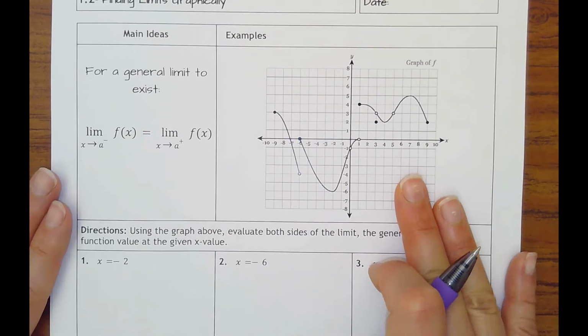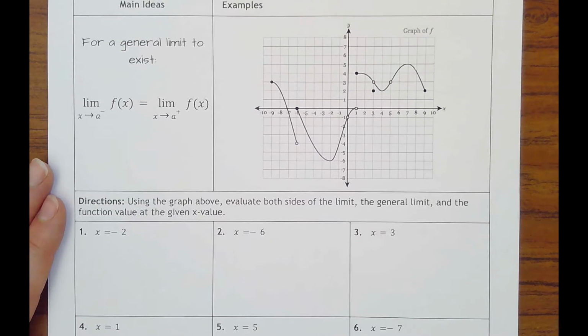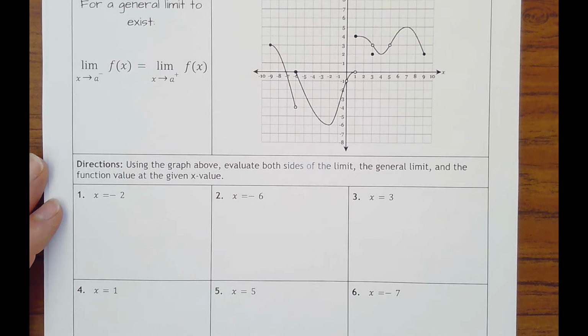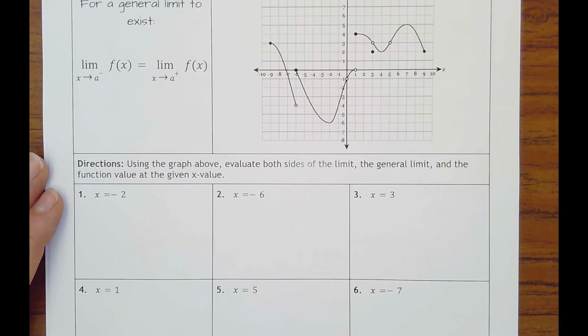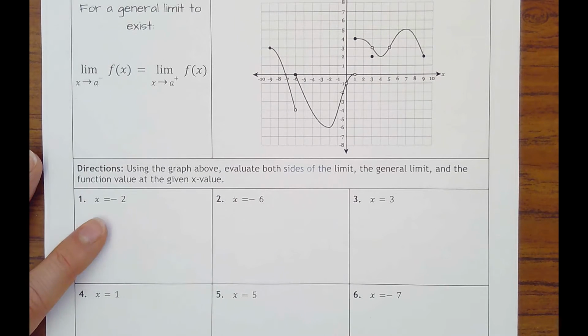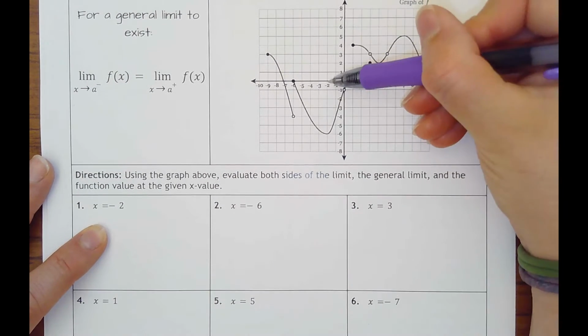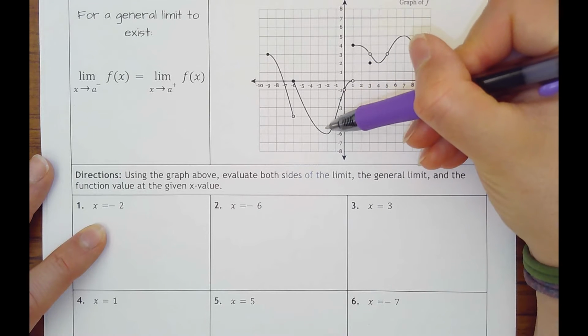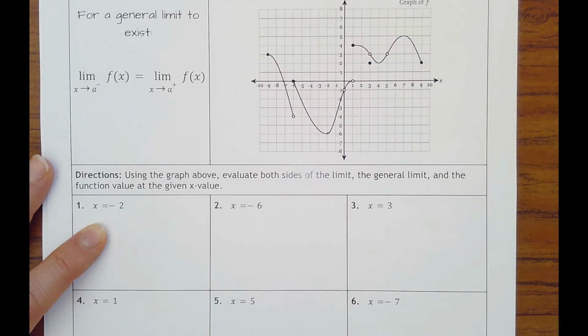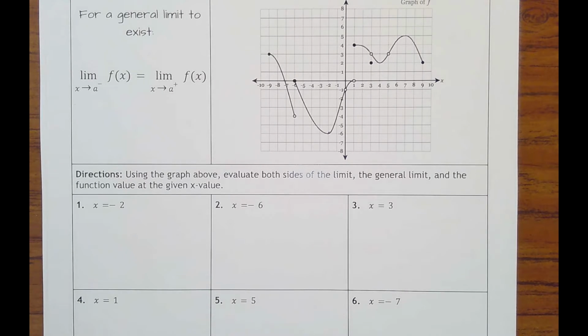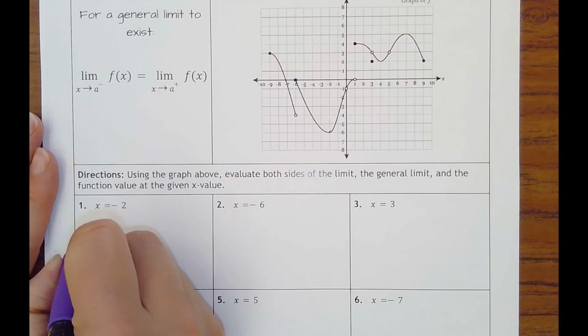So we're going to be using the same graph for questions 1 through 6. It says evaluate both sides of the limit, the general limit, and the function value at the given x value. So number 1 is at x equals -2, which is right here. So you're looking here. Okay, so we want to come from the left, and the biggest part is getting used to writing this weird notation.